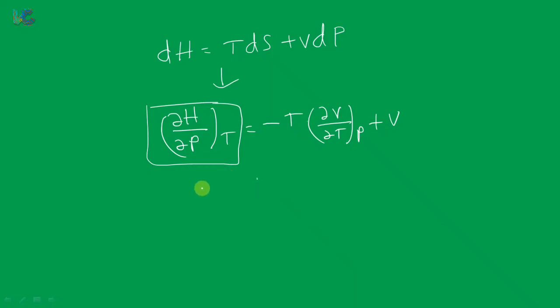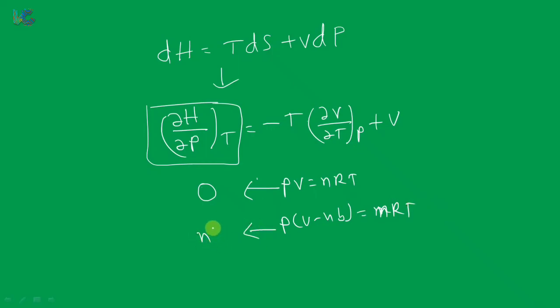So for PV equal to nRT gas, the value of del H del P at constant T is equal to 0. For the gas P into V minus nb equal to nRT, del H del P at constant T value is equal to nb.